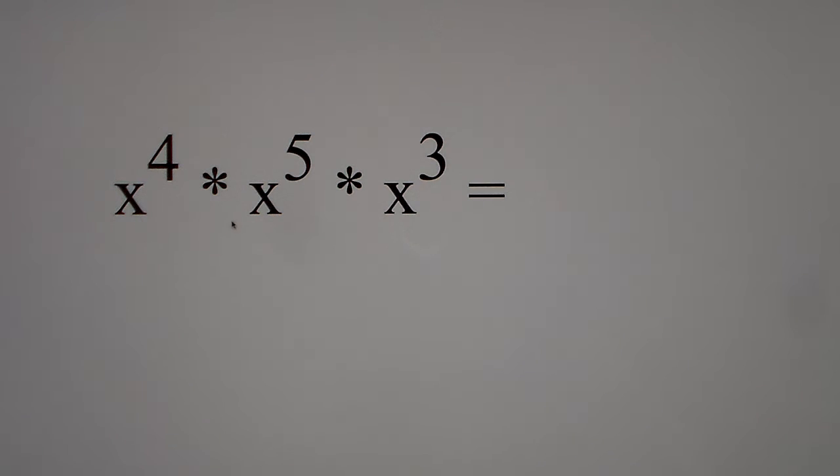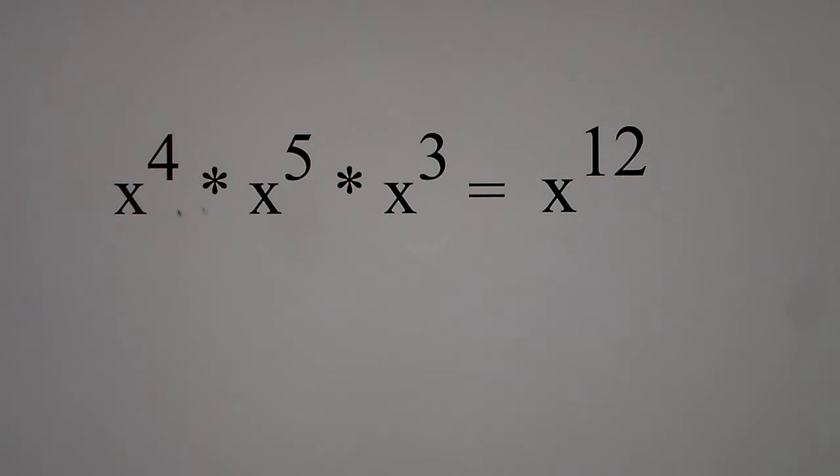Meaning, since we have an x here, an x here, and an x here, we could combine or add all these powers. So 4 plus 5 plus 3 gets us a total of 12. So we have x to the 12th.